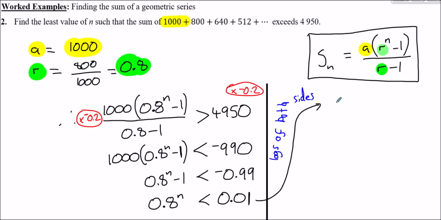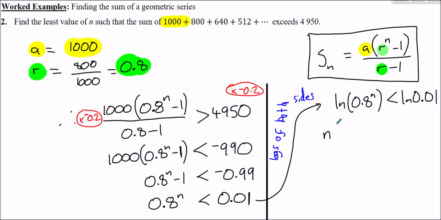I'm going to take natural log, so ln of both sides. So ln of 0.8 to the n needs to be less than ln of 0.01. Then we need to remember, if you take logs where it's something to a power, we can bring the power to the front.